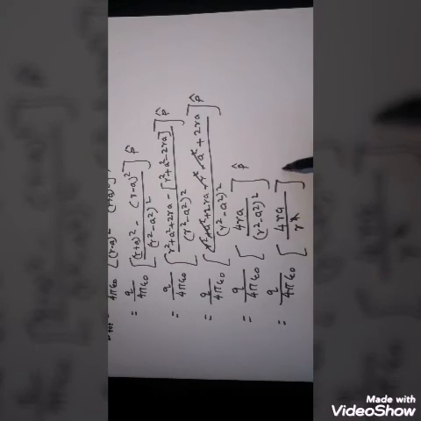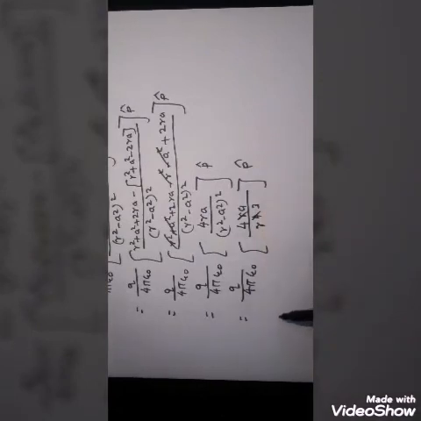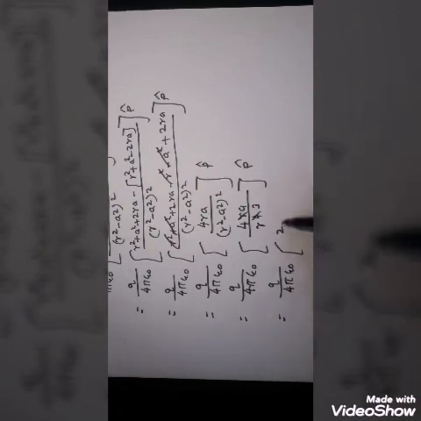Cancelling, it gives r cube. It is equal to q by 4 pi epsilon naught, 2 into 2a by r cube, p cap.